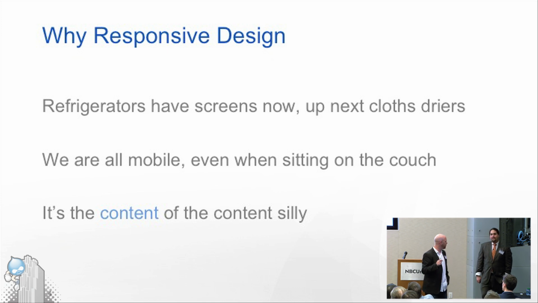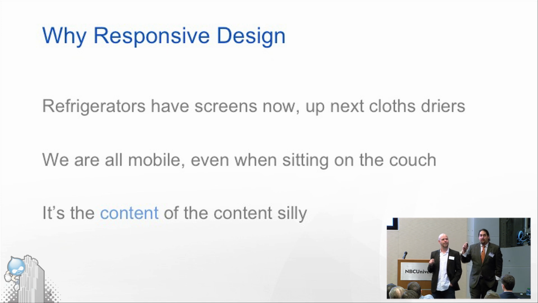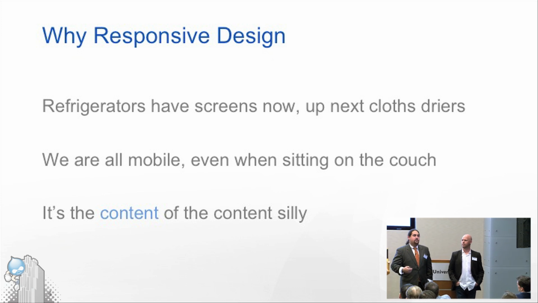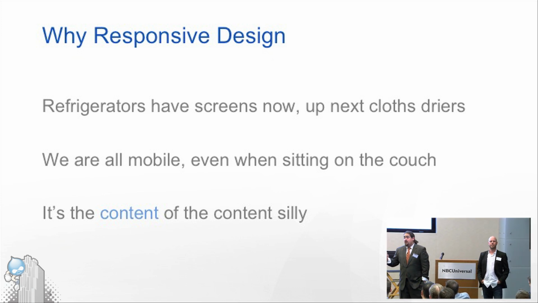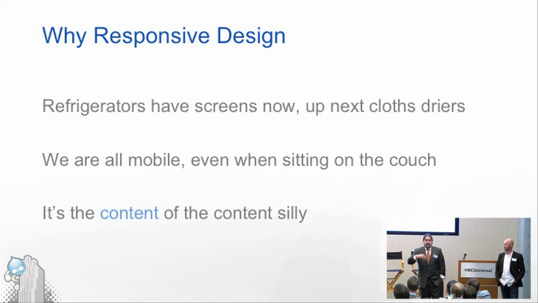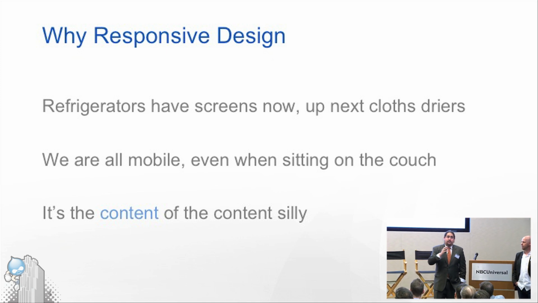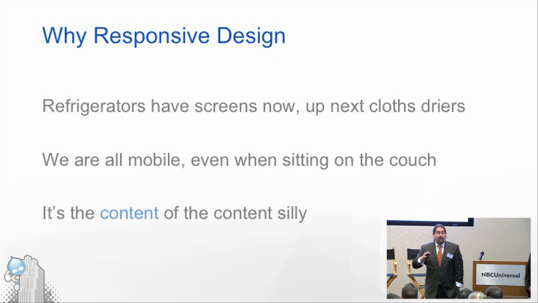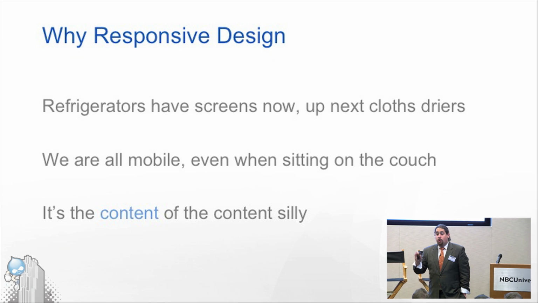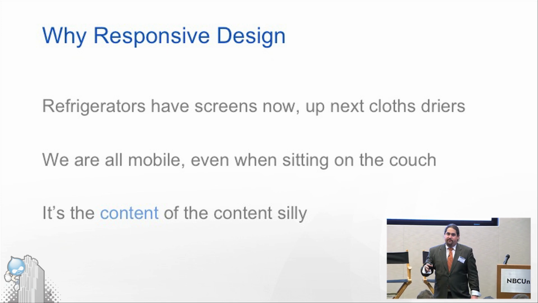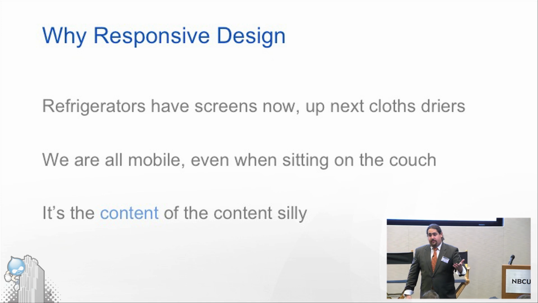Sam likes numbers. I'm going to let him talk to these numbers. Yeah, so we live in a multi-device world. 87% of U.S. adults own cell phones, 45% own smartphones, 31% tablets. But crucially for our company, of adults between the ages of 18 and 49, 62% of them own smartphones, not just cell phones, but smartphones. Cell phone coverage for that age demographic is 93%.